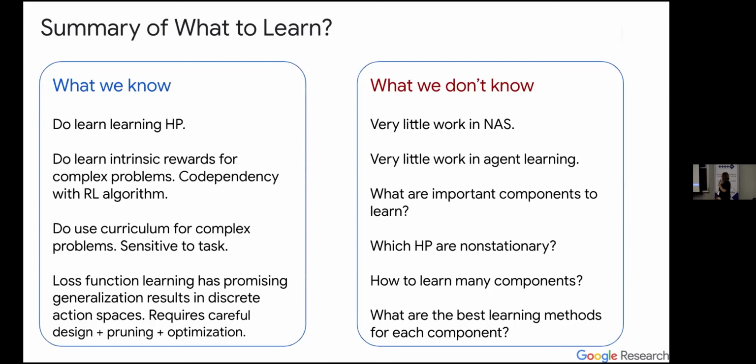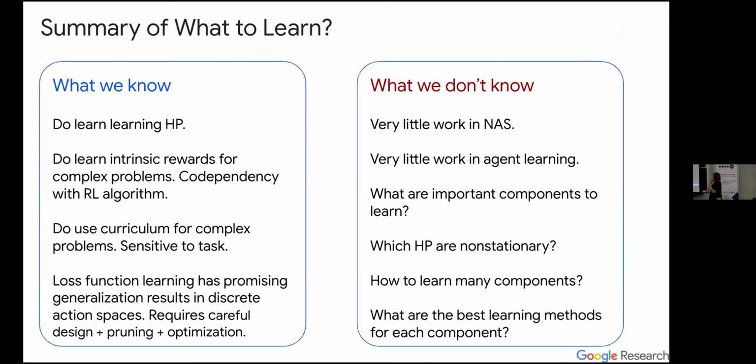Third, curriculum produces really strong results for generalization and learning increased difficulty. It's sensitive to tasks, but keep that in mind. Loss function learning has very promising results in generalization. More work needs to be done on how to expand from just the loss function to the entire algorithm and so on.